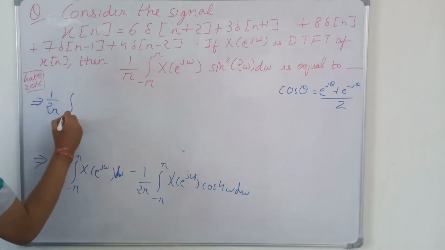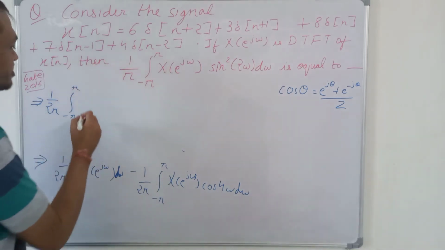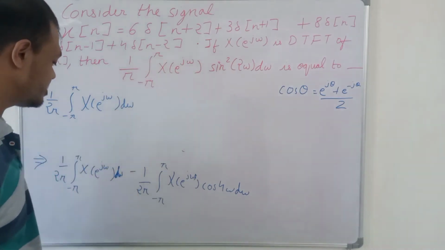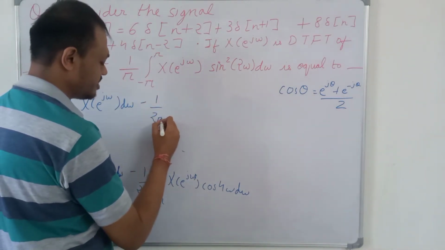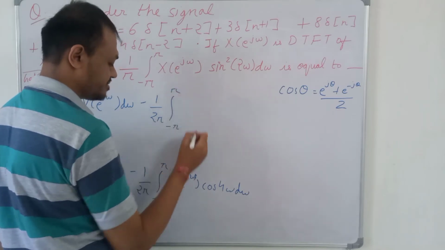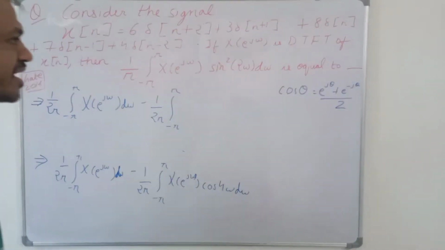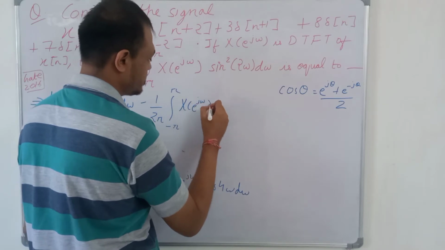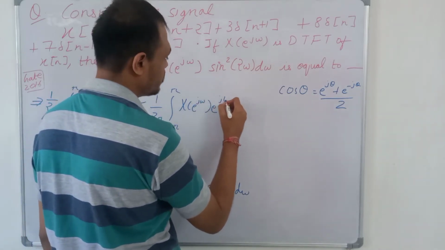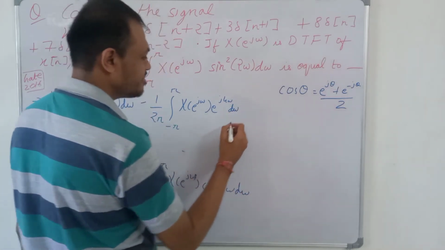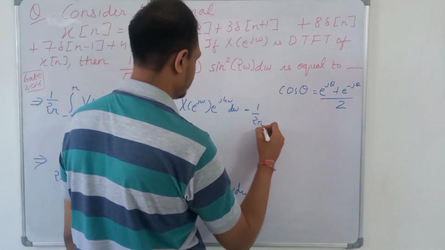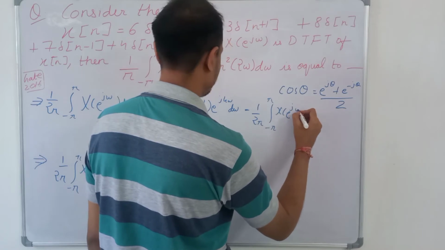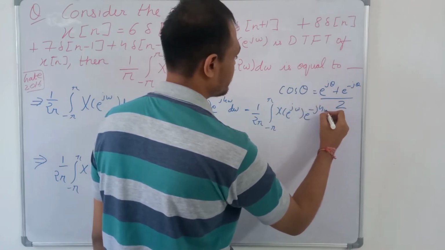One upon 2 pi, integral from minus pi to pi, X of e to the power j omega d omega, minus 1 upon 2 pi, integral from minus pi to pi, X of e to the power j omega e to the power j 4 omega d omega, and similarly minus 1 upon 2 pi, integral from minus pi to pi, X of e to the power j omega e to the power minus j 4 omega d omega.